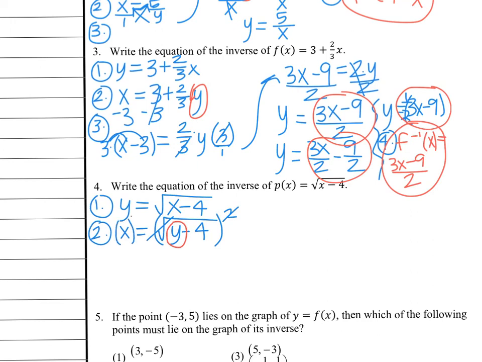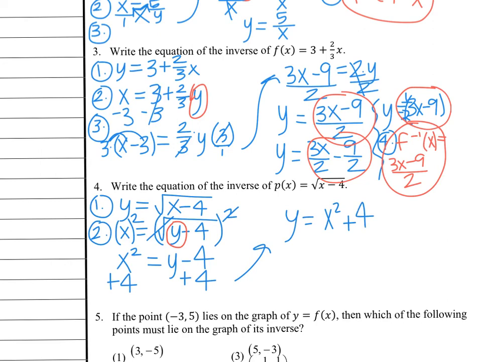So then we're also going to square the left side, because whatever you do to one side, got to do to the other. So now you're left with x squared equals whatever was underneath the square root, y minus 4. And then our last step to get y alone is add 4 to both sides, and you are left with y equals x squared plus 4.